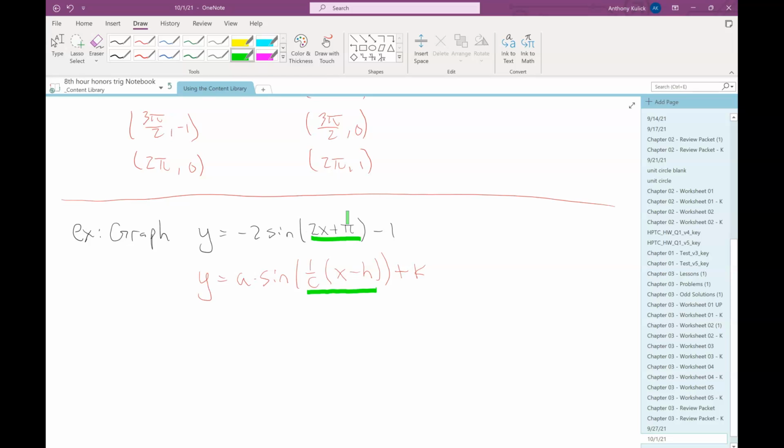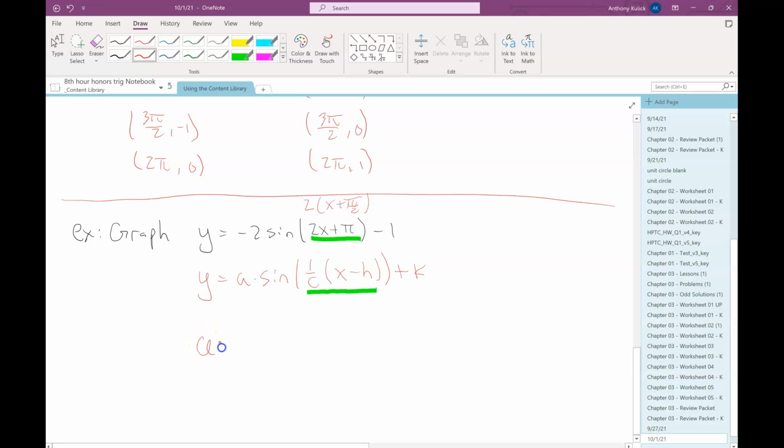So before I pull my values for A, C, H, and K, I'm going to need to factor that inside part in black. I'm going to just factor off a 2. That's going to leave me with x plus pi over 2. Everybody's okay with that?